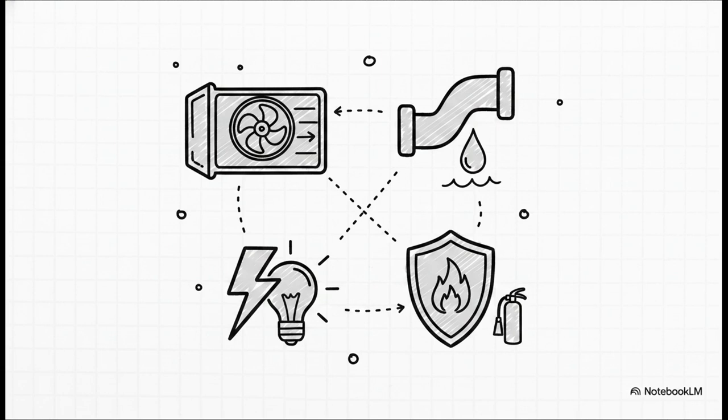You've got HVAC for climate control, intricate water and drainage networks, the entire lighting and power supply grid, and absolutely crucial fire safety systems. Designing all of these requires crazy levels of precision. Think about it. If you miscalculate the spatial requirements for a giant ventilation duct, you might physically crash it right into a plumbing riser out on the construction site. And trust me, that means massive delays, blown budgets, and a lot of angry contractors.